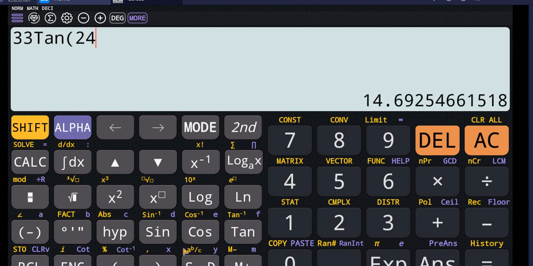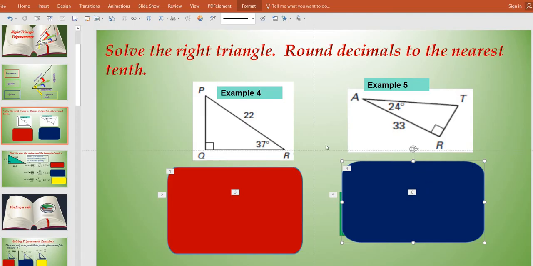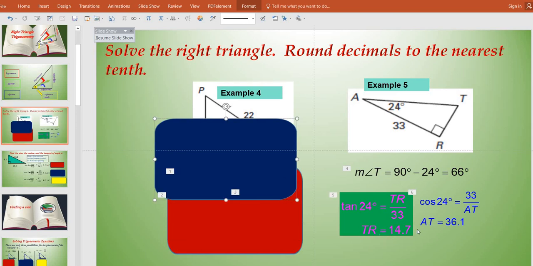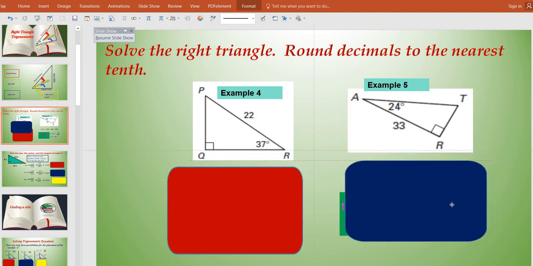The result equals 14.69. TR equals 14.69, which is approximately 14.7. Okay.